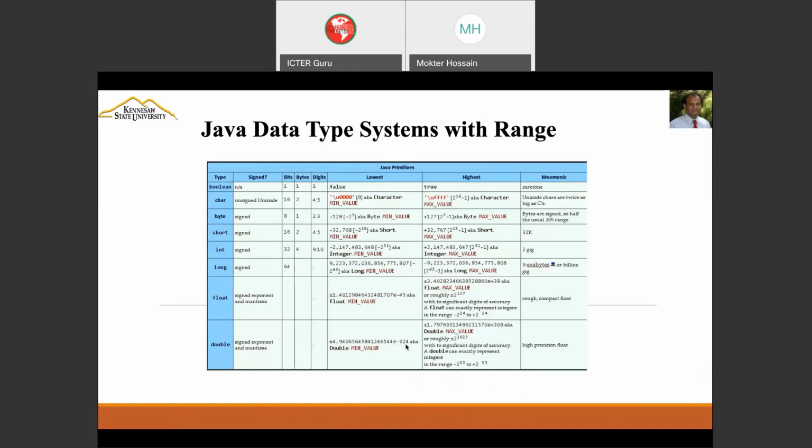We do not need to memorize this, but just be aware of it. If any variable in your program exceeds this range, then there will be a problem. A few years ago, NASA lost billions of dollars. There is a video on YouTube, maybe I can share it sometime.